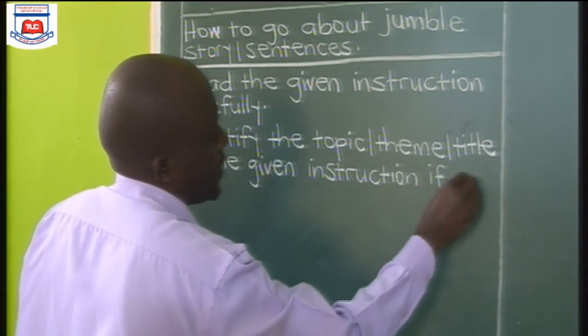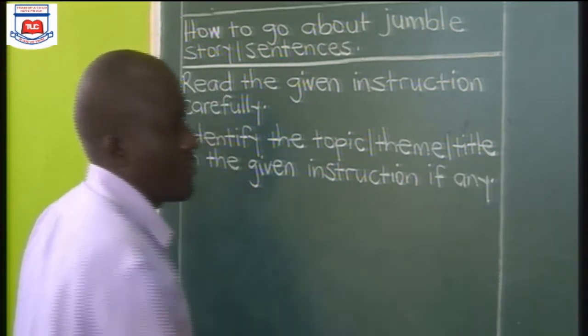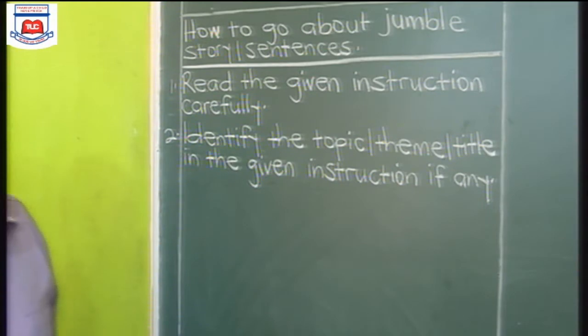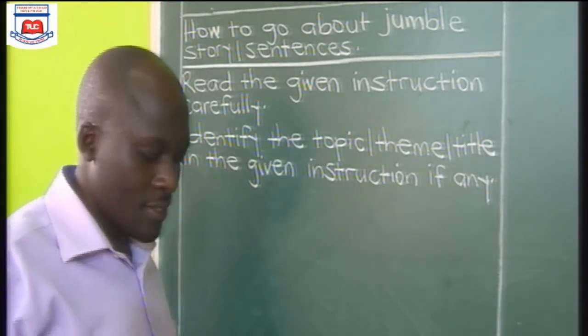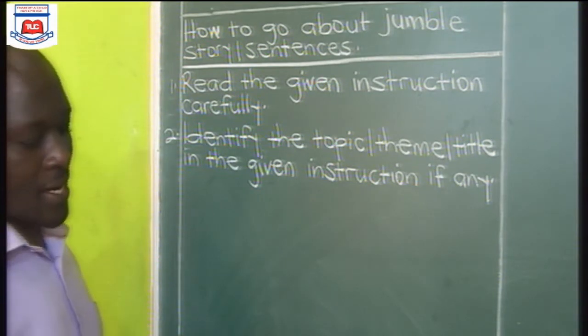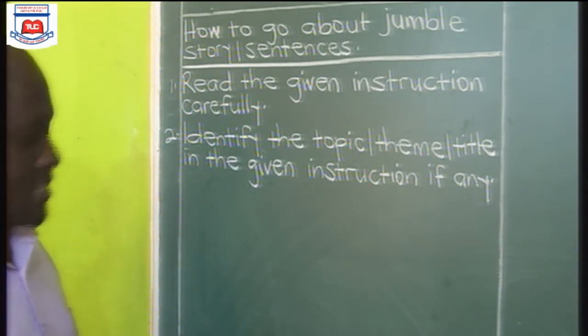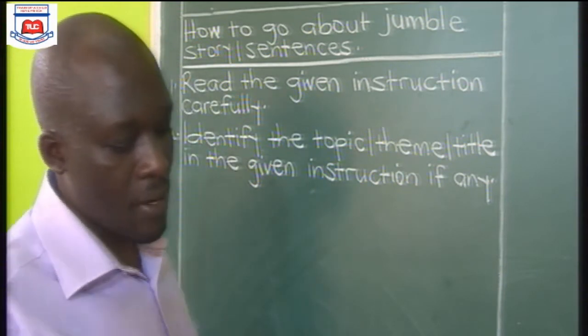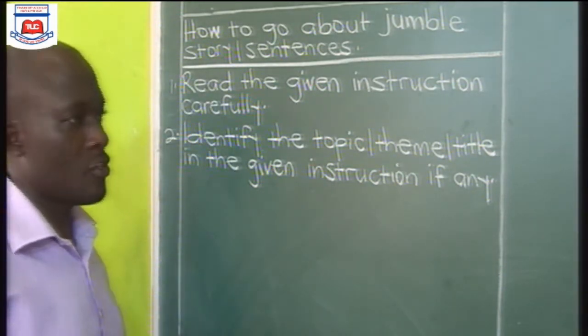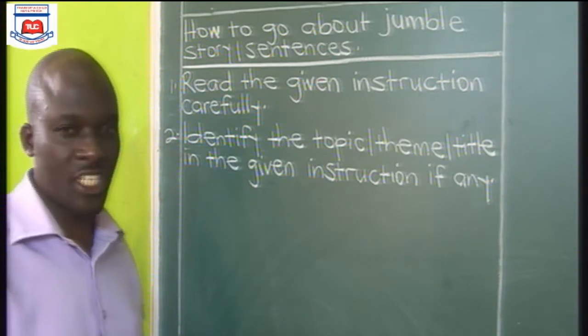At times, some instructions do not have the topic or the theme given. Like for this case, the theme or the topic or the title here is a short composition about a letter to a cousin. So you know it's all about writing a letter to a cousin.